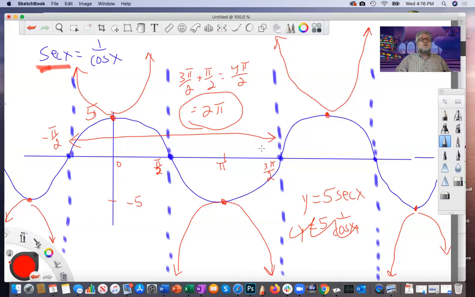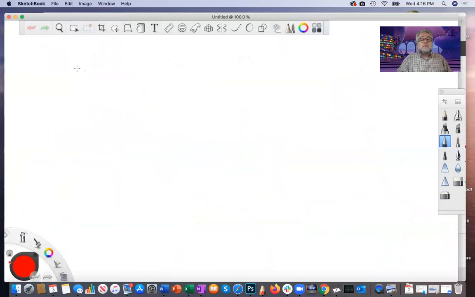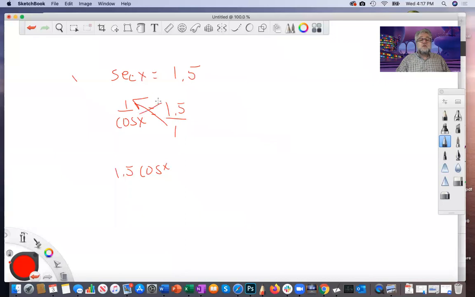Okay, so now there are some homework problems that will say secant x equals 1.5. Solve for x. How do we do that? We don't have an inverse secant, but you can write this as 1 over cosine x equals 1.5. Cross multiply, 1.5 cosine. You understand what I mean by cross multiply? Multiply those two together and multiply those together.